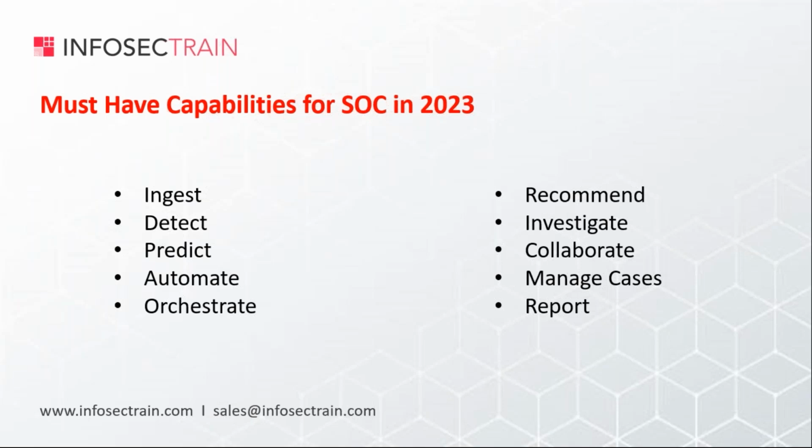That is the very first requirement and must-have capability of a SOC, because a SOC can only have eyes on the things which it has under its own umbrella. If there is no data coming to the SOC, it cannot guarantee protection of that data. The very first thing is ingestion.